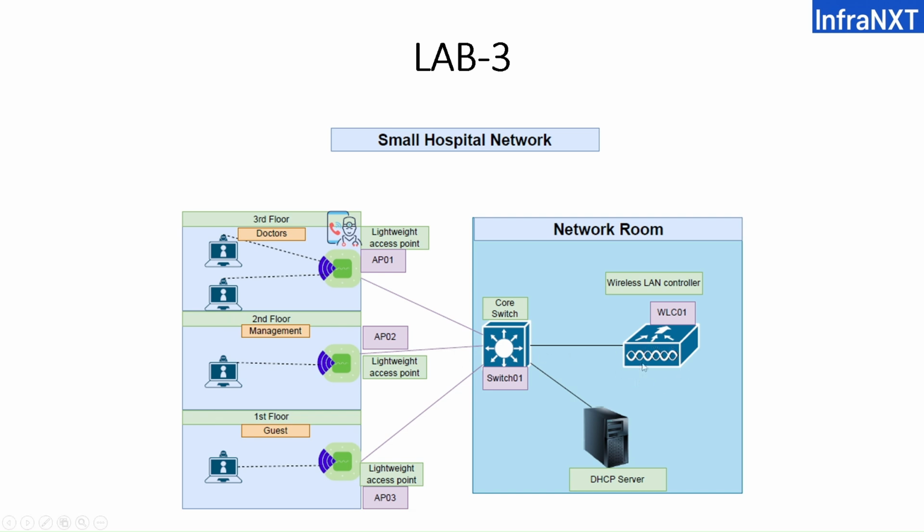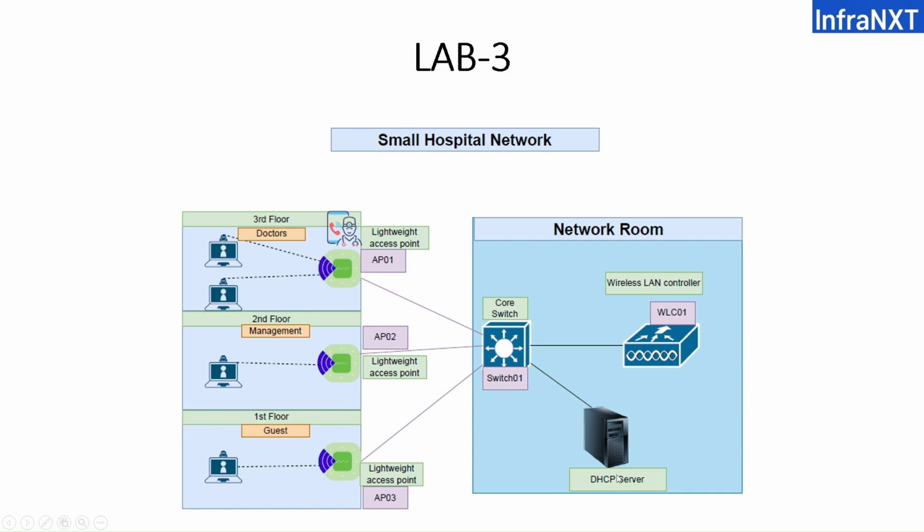What the WLC does is allow us to do the configurations from this centralized device, and that configuration can be pushed from this single device to all the end APs, which are access points, like the SSID configurations, the password, who can join that SSID, etc. With that, the administrative effort of an engineer reduces.